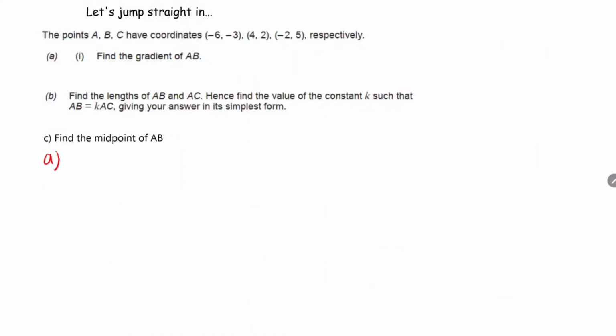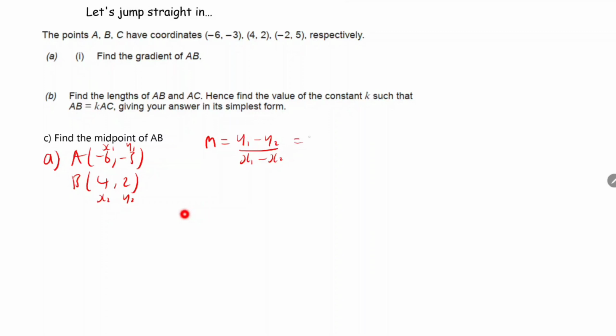So for part A, we need to find the gradient of AB. So A has the coordinates minus 6, minus 3, and B has the coordinates 4 and 2. We can decide that's our x1 and that's our y1. This is our x2 and our y2. So our gradient, which we'll call m, is going to be equal to y1 minus y2 over x1 minus x2.